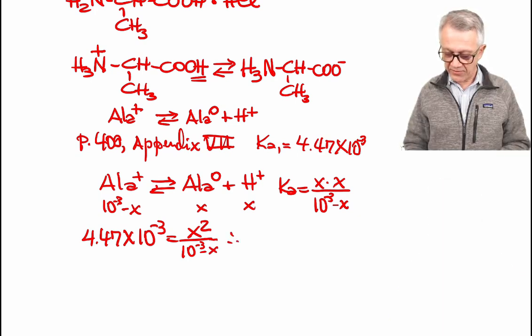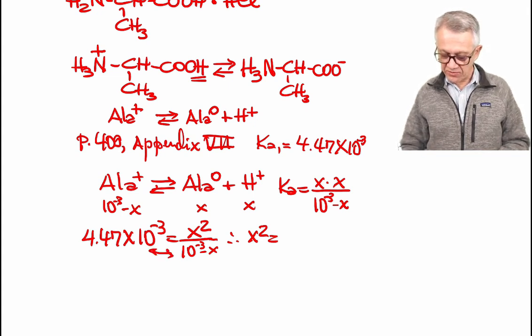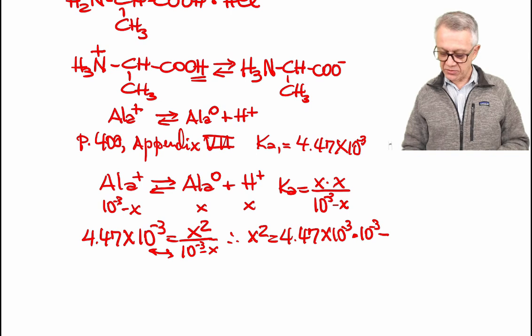So from here we have x squared. Now I'm going to multiply this term by this one. So it's going to give me 4.47 times 10 to minus 3 times 10 to minus 3, minus, from the second term, 4.47 times 10 to negative 3 times x.